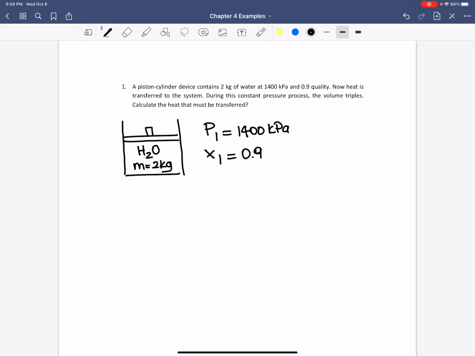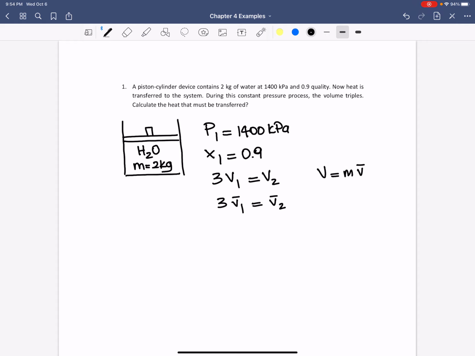The volume triples means 3 times the first volume is equal to the second state volume. You can also write it as 3 times the specific volume at the first state is equal to the specific volume at the second state, since volume is equal to mass times specific volume, and we know that mass is the same throughout the process.